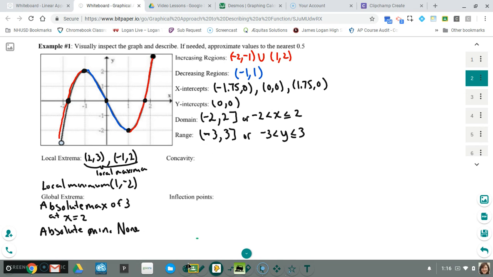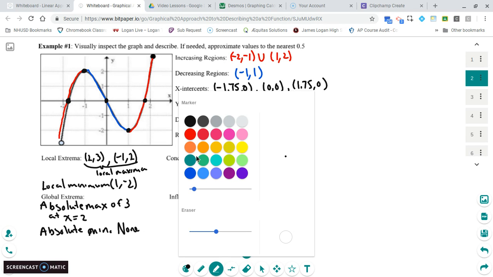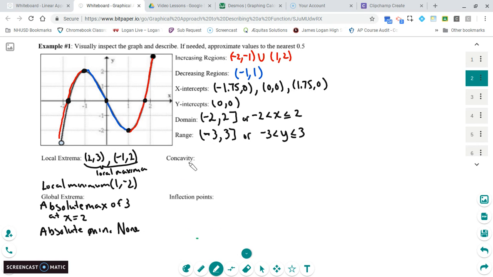Concavity. All right, so let's color code this one. I think I'll do green for concave up. So concave up, let's do up first. I can see there's this bowl shape right here, all right? And literally I have to decide where the bowl begins and ends. It looks like it's completely concave up on this region, so I think I'm going to include all of this to be bowl up.